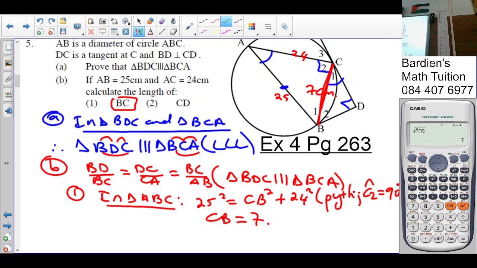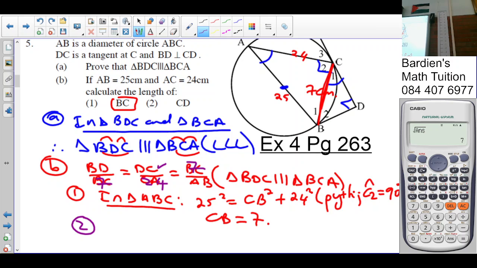Number 2, so just remember that one, CD now. We have BC, which is 7. BC is in both ratios there. We know what AC is, AC is 24.